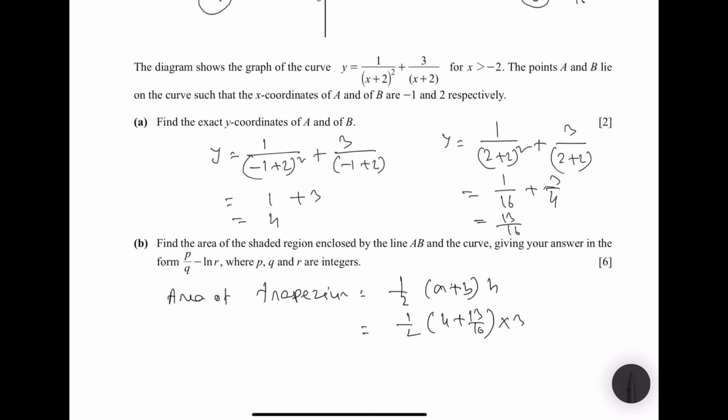Now let us simplify this one. This will be half into (4 plus 13 by 16) into 3.